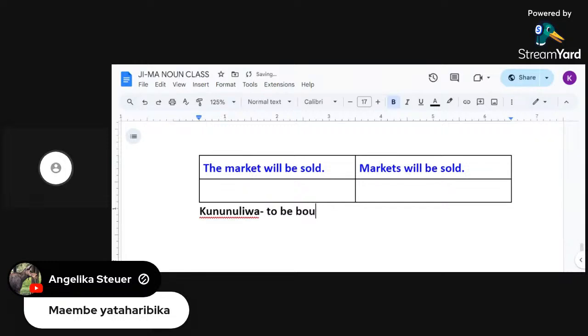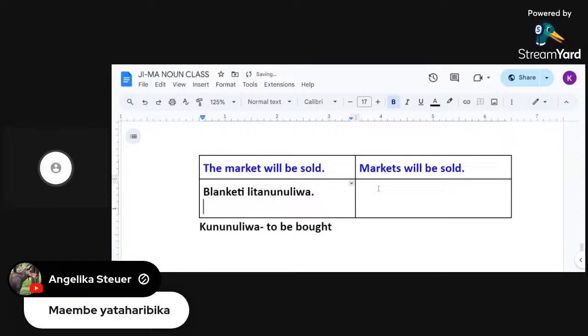So the sentence is: blanketi, the blanket will be bought. So just write this sentence in plural form. Just write in the chat.